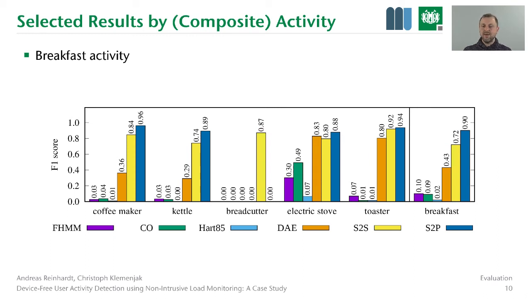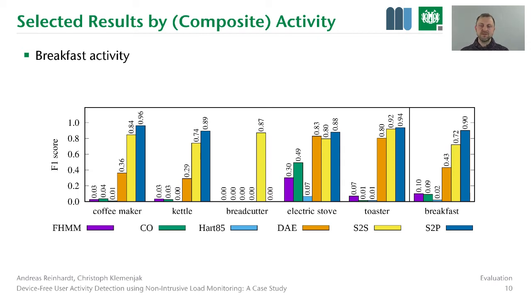But then for the composite breakfast activity, the results are slightly worse than this, and the main reason being that, of course, sometimes there would be devices omitted, sometimes the order of operation would change, and sometimes the operation of the coffee maker and the kettle might be overlapping, so they might be running at the same time, whereas in other instances they might just be separated.